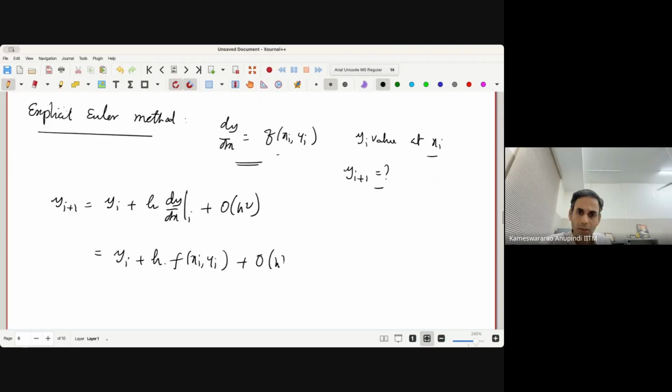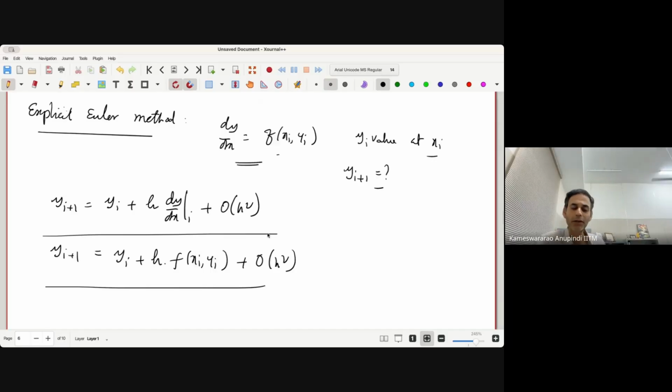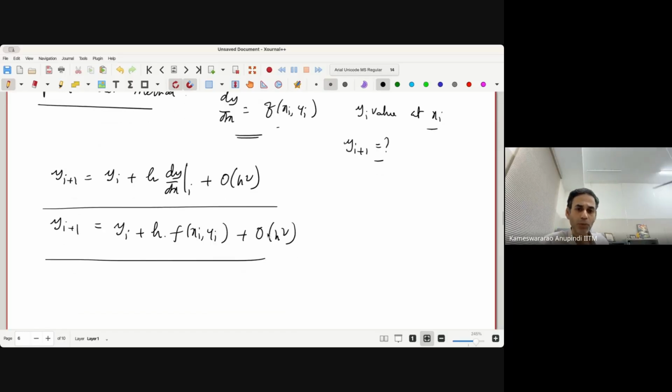This is much easier because we don't have to calculate all the derivatives. We just calculate the function value f at xi, yi, multiply by delta x, or h, and calculate the next value. That means we are using the previous value of y and the local slope of the function to calculate the next value of y.